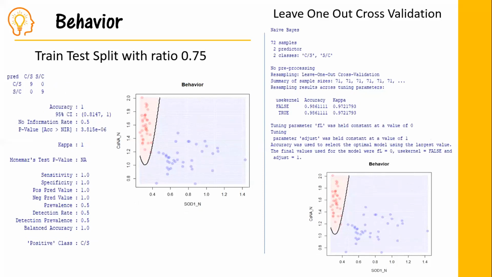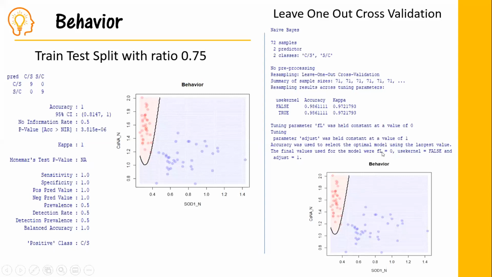Okay, you're doing cross validation. Using a specific parameter, which is this. But what are these tuning parameters?